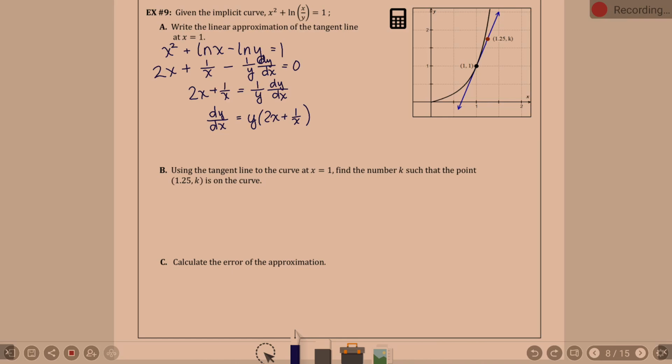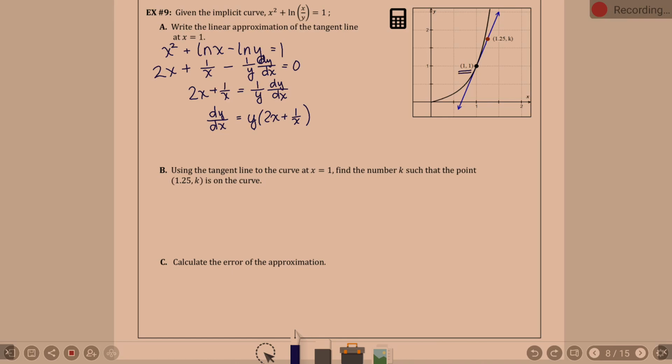I'm running out of room in this section. This is my derivative. What do I need to know at the derivative? I need to know the slope, yes? The slope at when? x equals 1 now. There's a y here, so let's pause for a moment. We probably should figure out what the other part of the ordered pair is. What's the ordered pair at 1? 1, 1. How do we know 1, 1? The graph tells us.